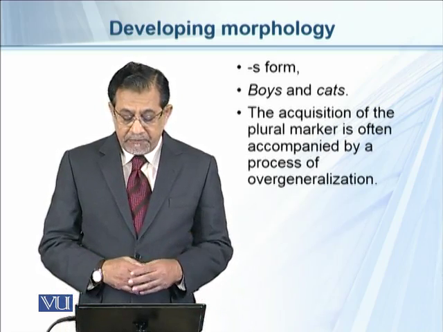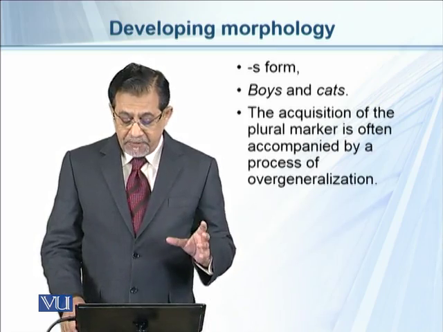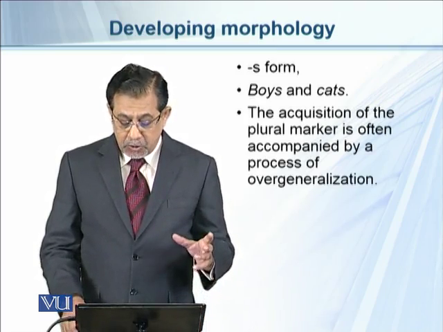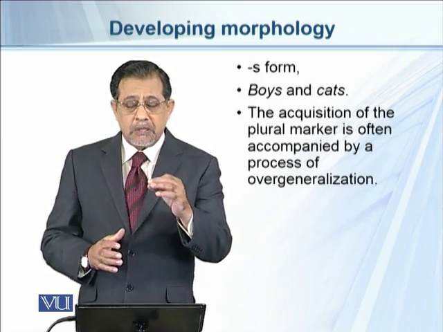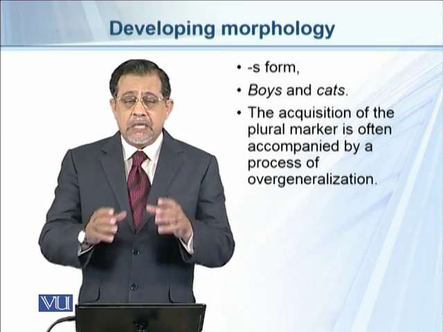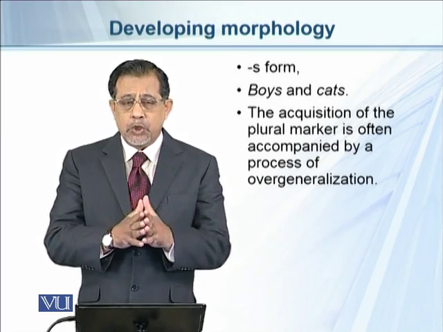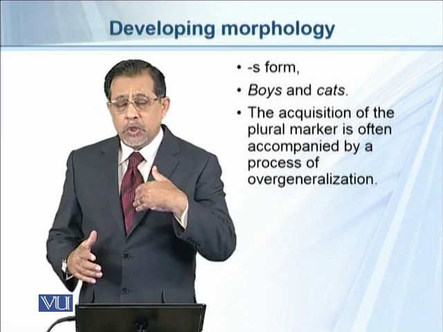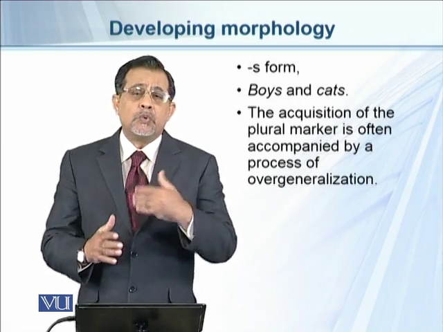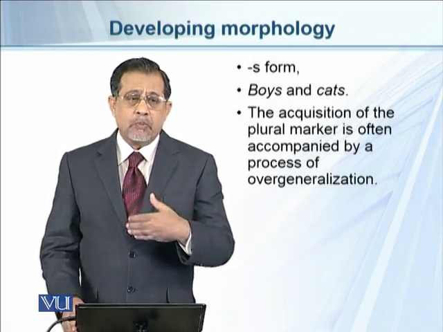The acquisition of the plural marker is often accompanied by a process of overgeneralization. So when the child learns this plural marker, he or she starts using it in a generalized way. He or she uses s with words which do not generally take s to become plural.